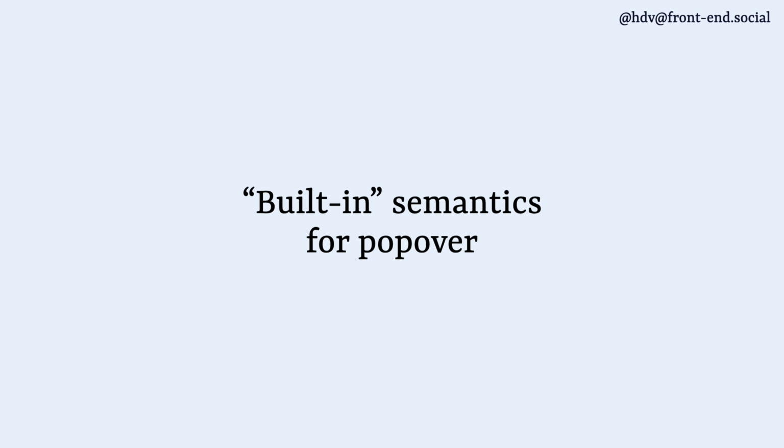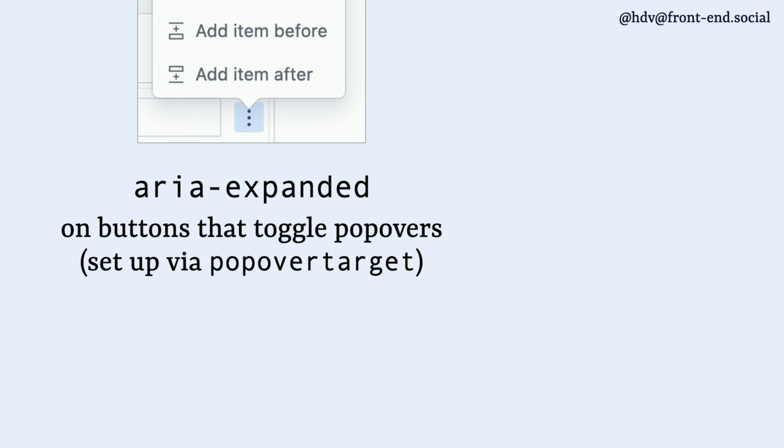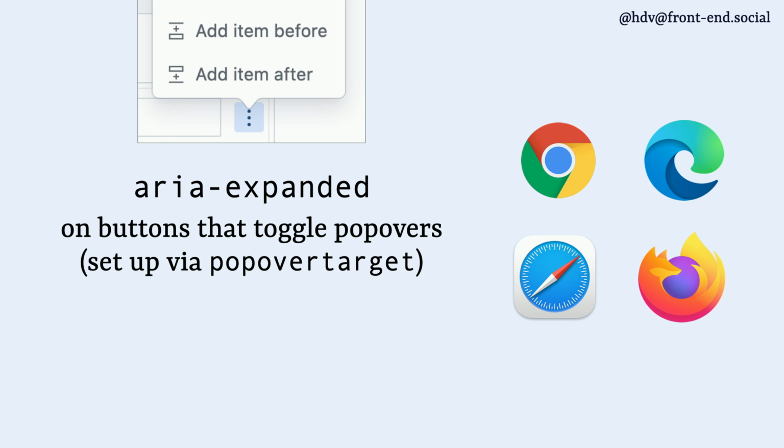For popover, there's a couple more things that browsers will do for you. The first one is aria-expanded. On the button that opens your popover, aria-expanded is set for you, as long as you set it with popovertarget. This works across all the browsers that support popover, and it's helpful because then users of assistive technologies will know that your popover is open or closed.